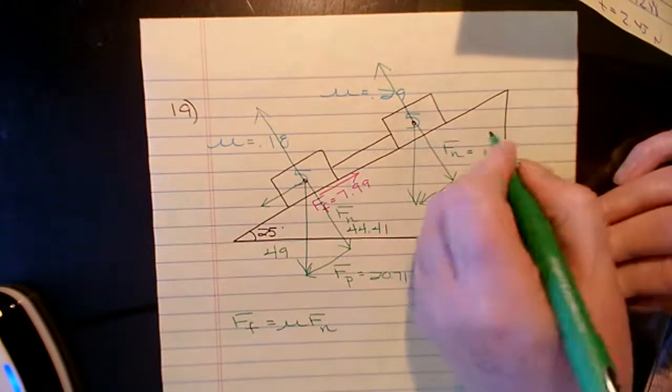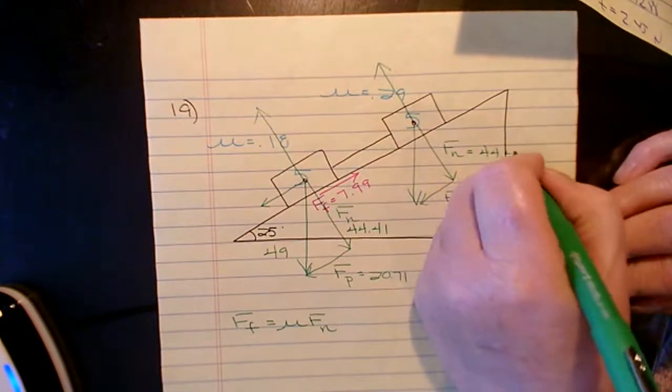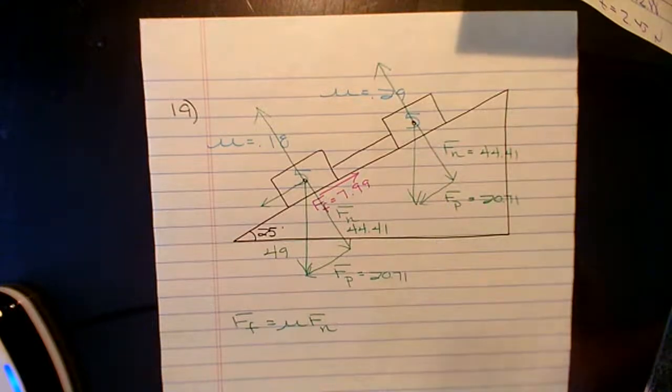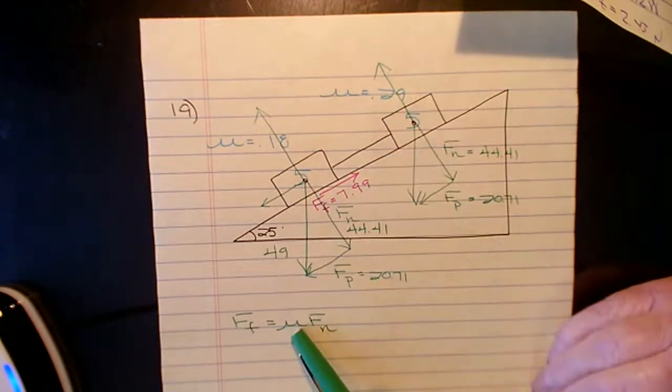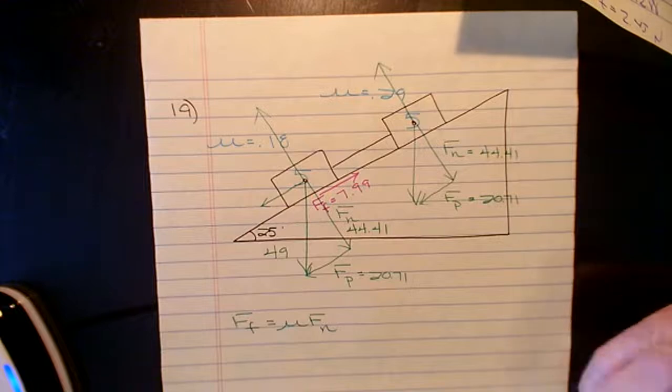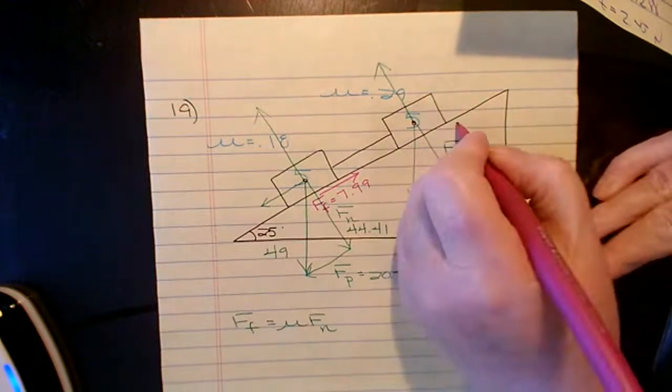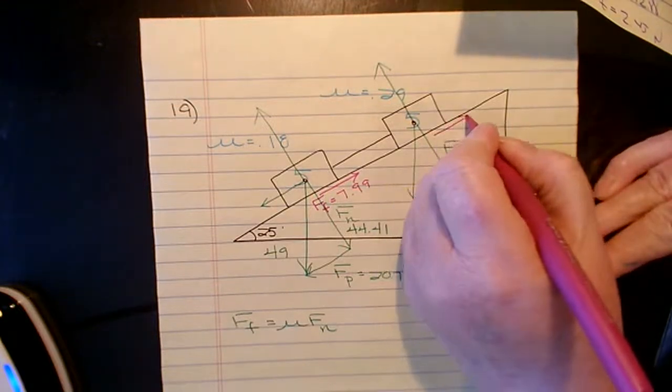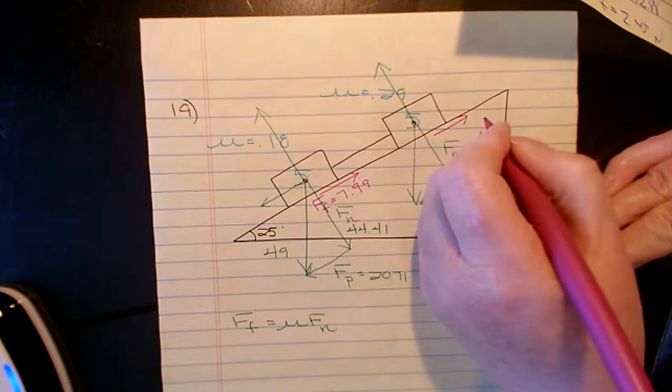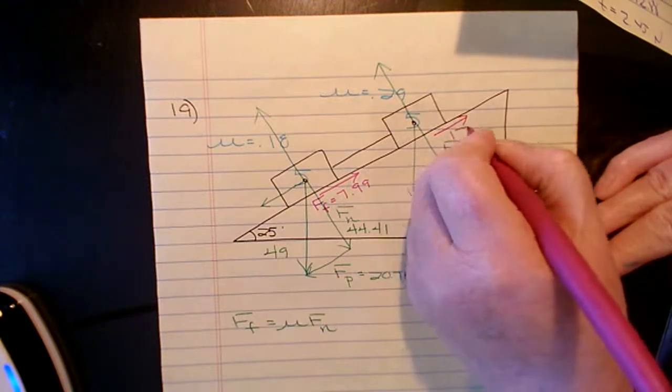FW cosine theta is 44.41. But because he has a different coefficient of friction, his friction number is going to be different. When I number crunched the friction, I got 12.88.